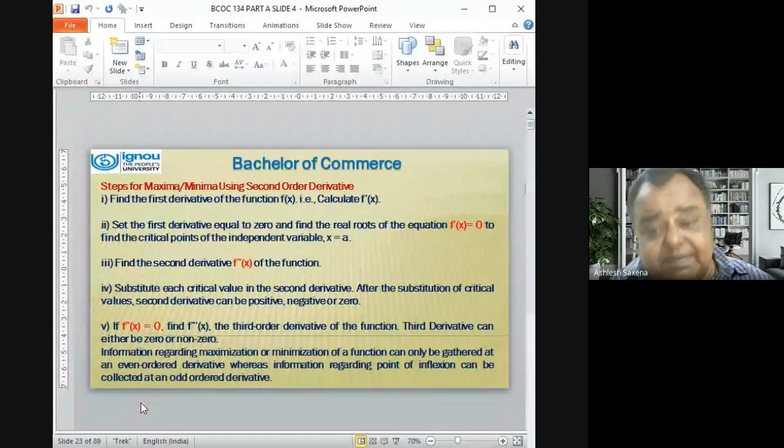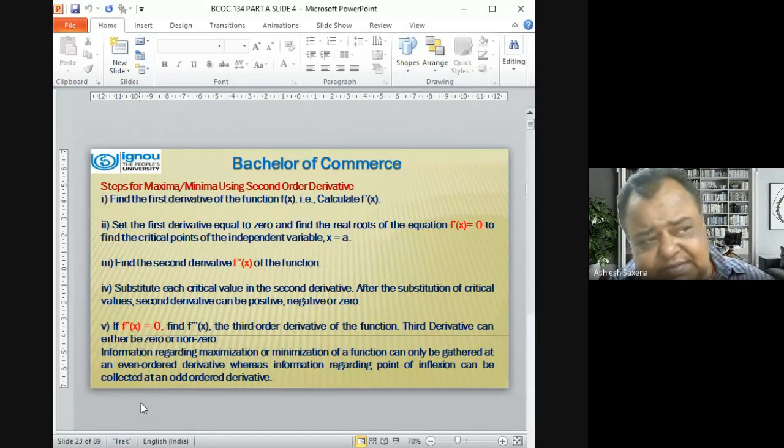Now, what are the steps of finding maxima and minima using the second order derivative? First of all, you have to calculate f'(x). Put f'(x) equal to 0. You are going to get the value of x; it can be one value or two values. Then calculate the second derivative.